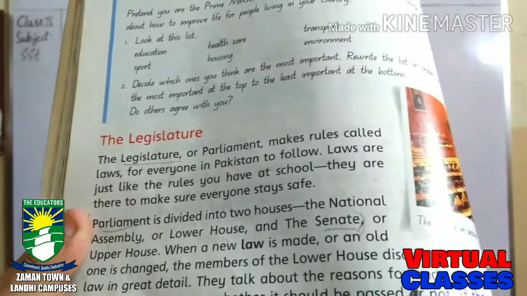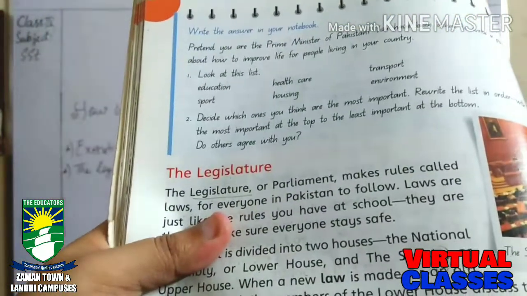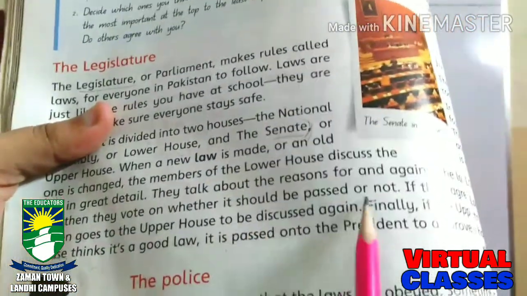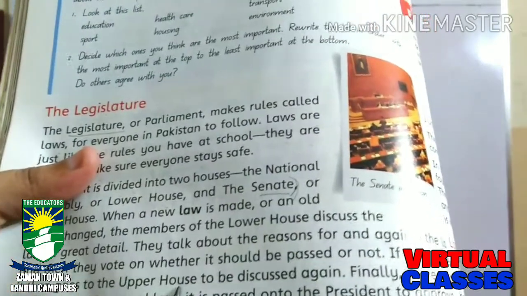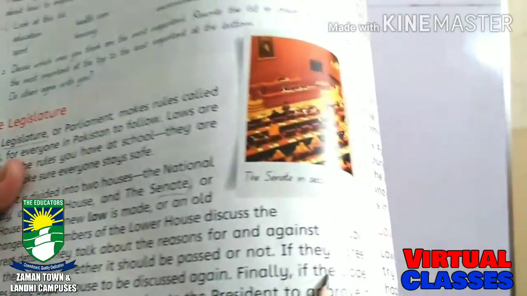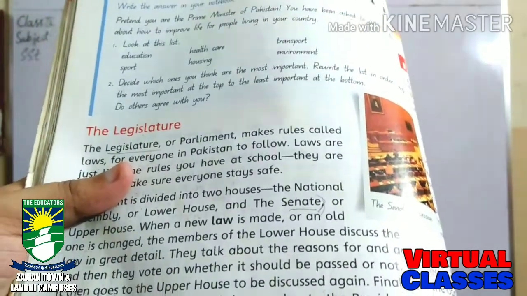They talk about the reasons for and against the law, and then they vote on whether it should be passed or not. If they agree, it then goes to the upper house to be discussed again. And finally, if the upper house thinks it's a good law, it is passed on to the president to approve.